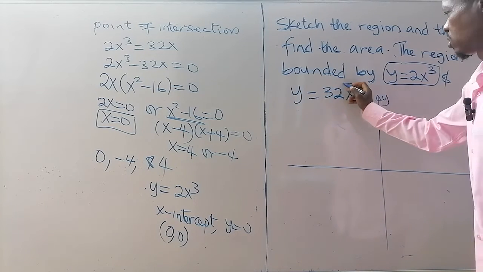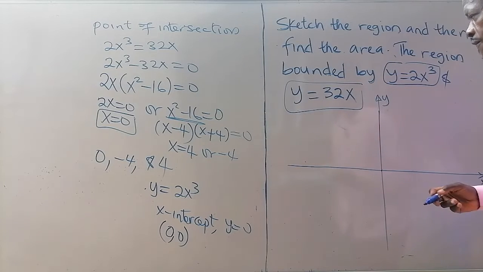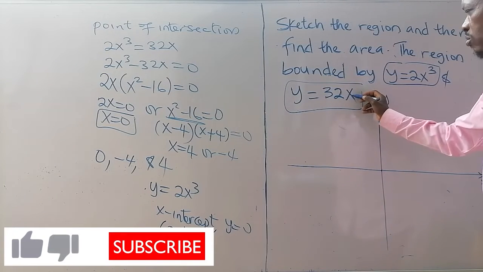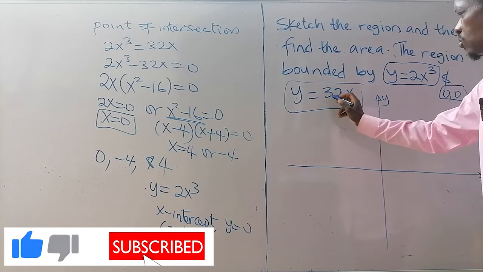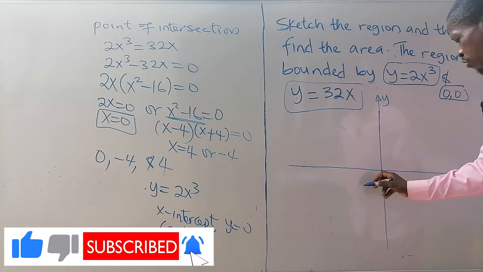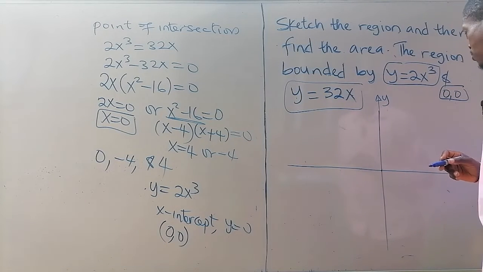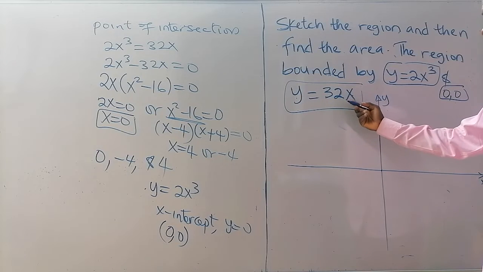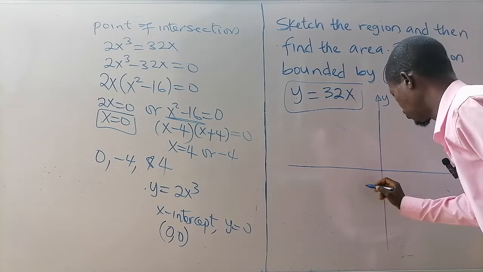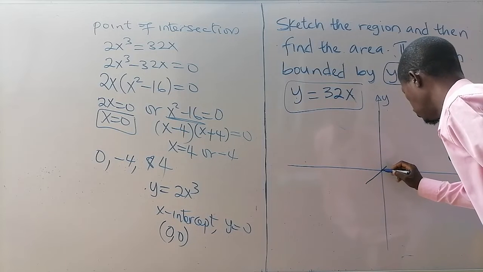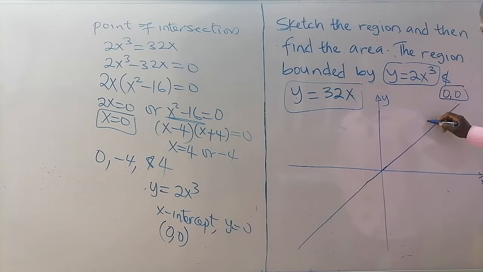And for this one, it's going to be a straight line graph. When x is 0, y is also 0, so it also passes through the origin. You can begin to pick any value, either negative or positive. So it's going to be a straight line graph passing through the origin. This is y equals 32x.